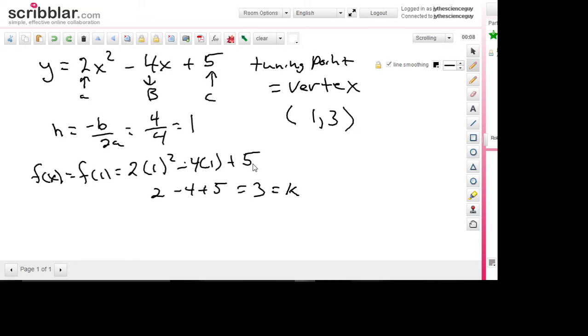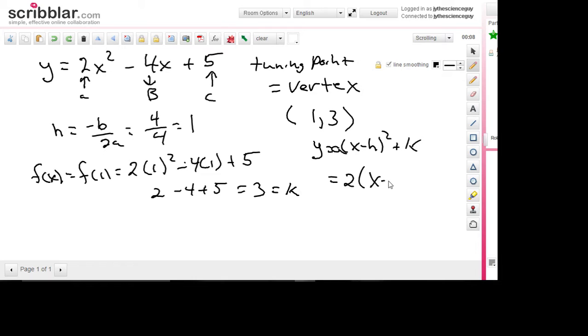And so now that I know that, I can say that the turning point is at 1, 3, because that's where my vertex is. Now if I want to write this equation in vertex form, remember that the general equation is y is equal to a times x minus h squared plus k. Well, what's my a value? 2. So that 2 goes there.